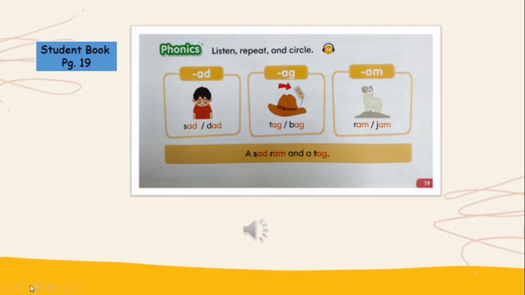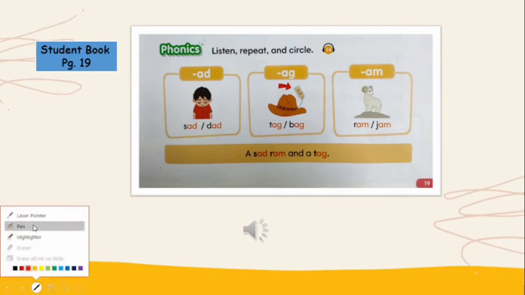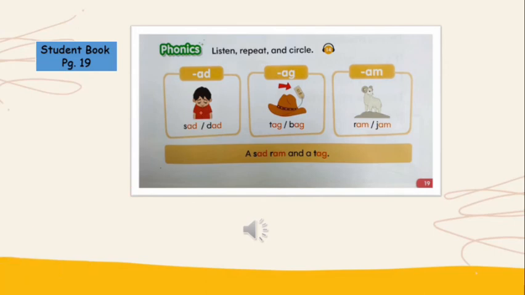So the first picture, you heard s and at. So it will be sad. Can you say sad? Now the second picture, you heard t and ak. So it will be tack or back.